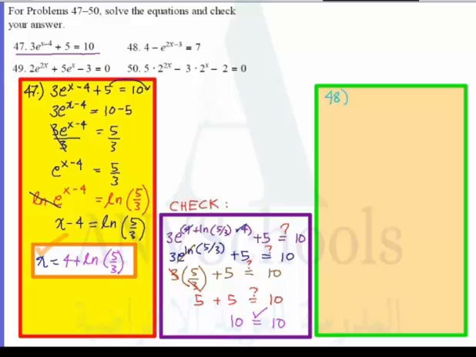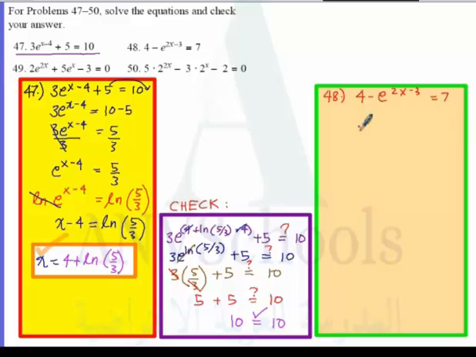Okay, I'm going to change the color. It doesn't seem to fit in. For number 48, my equation is 4 minus e^(2x-3) is equal to 7. So the same process as in number 47.